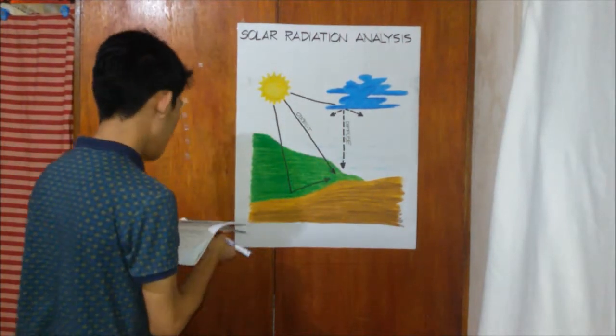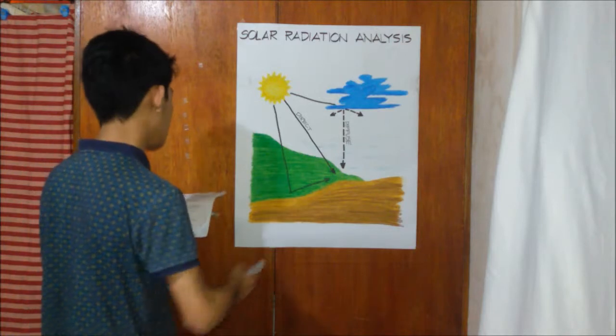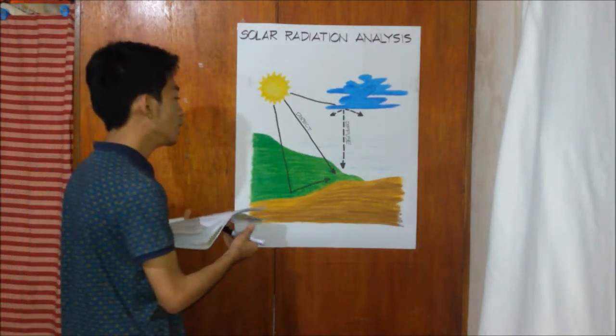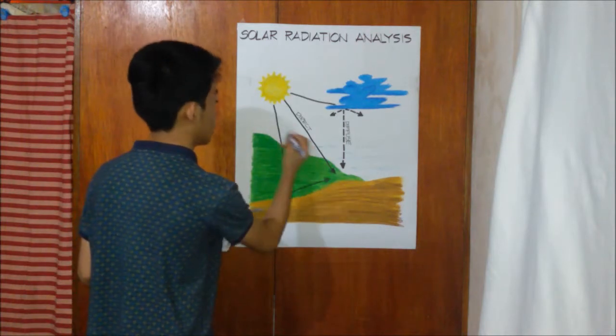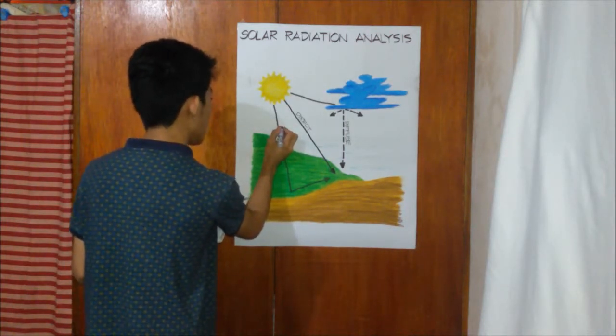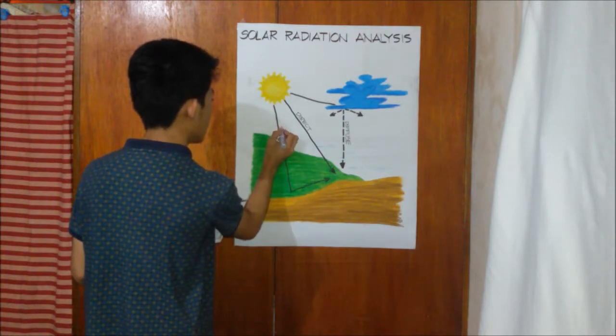And lastly, the reflected radiation comes from the surface features. Surface feature is this. This is the reflected radiation.